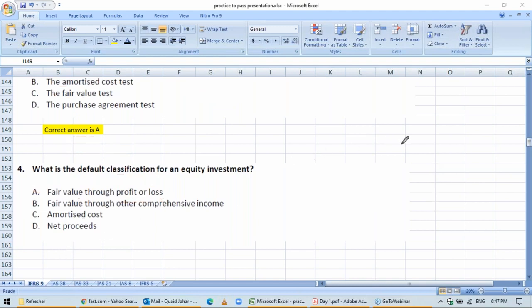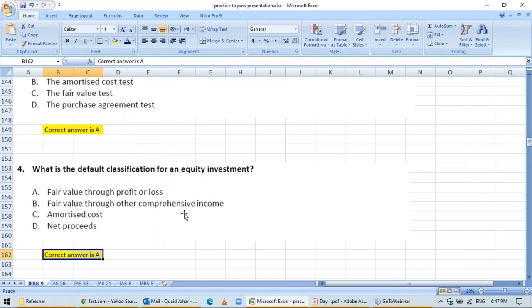First, let me write the answer, and then we continue. The correct answer is A, fair value through profit and loss account.